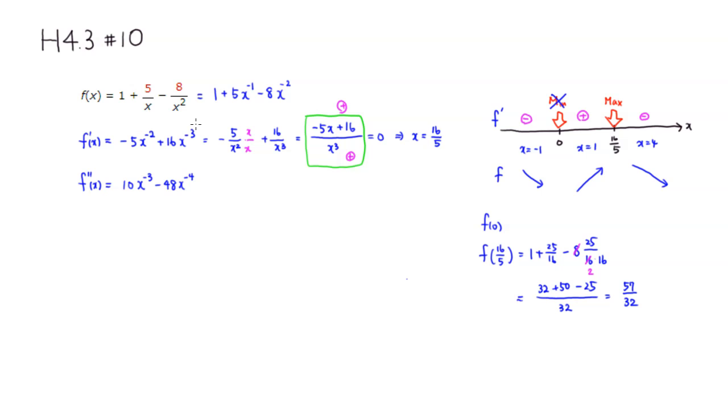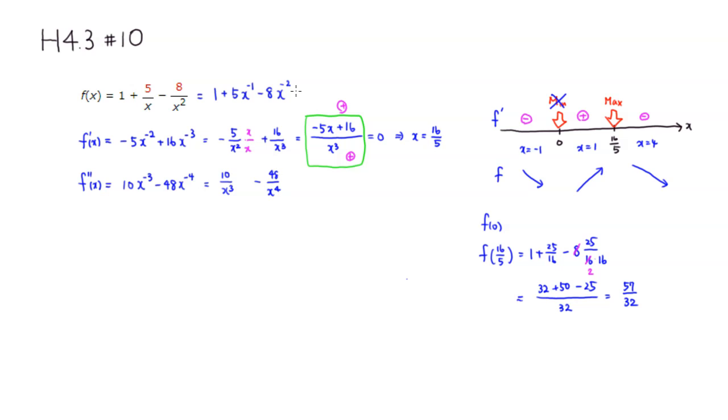So if you simplify this, it's going to be 10 over x cubed minus 48 over x to the 4th power.